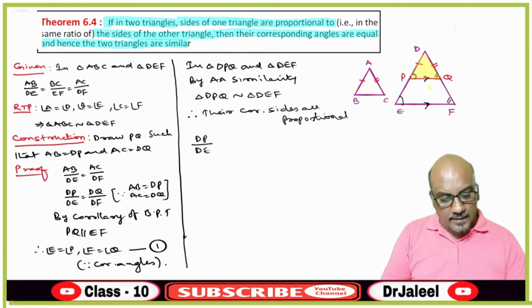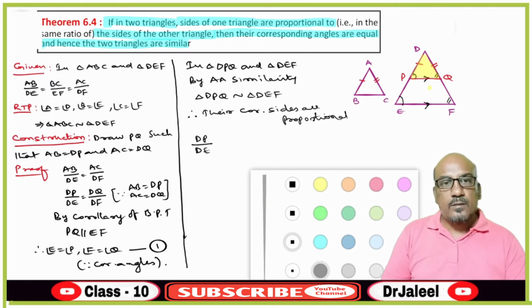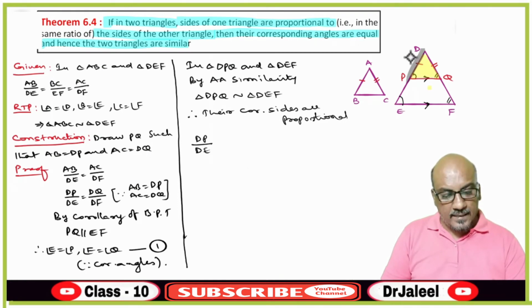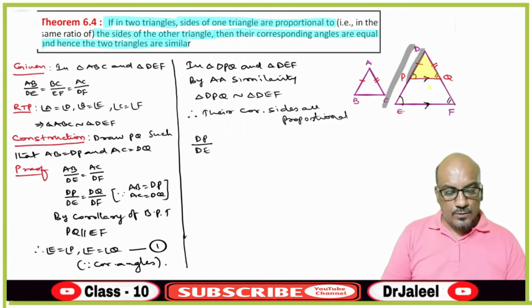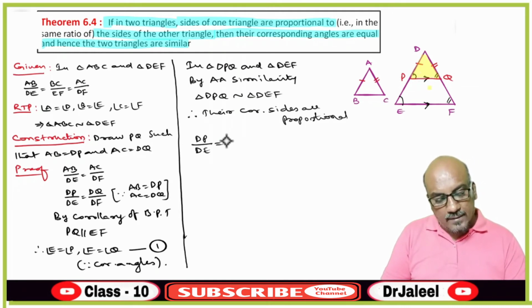So children, I am taking DP by DE is equal to PQ by EF is equal to DQ by the big side, that is DF. So let's mention them: DP by DE is equal to PQ by EF is equal to DQ by DF.